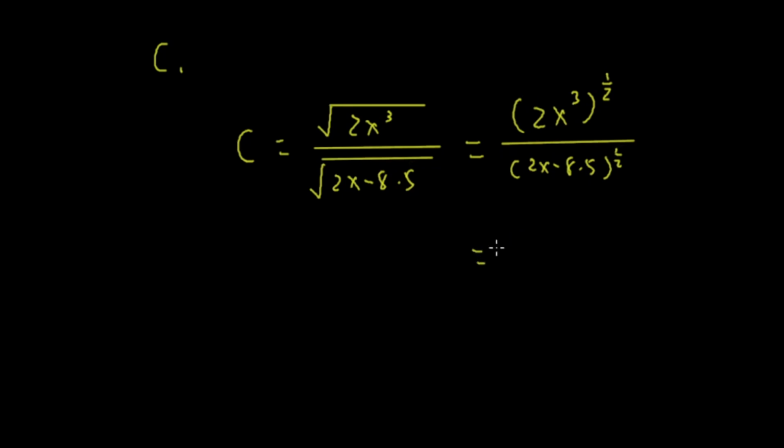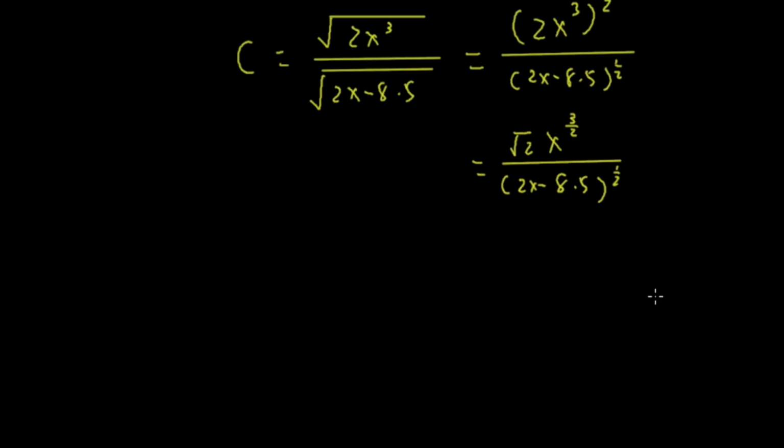And this is equal to square root of 2x to the power of 3 over 2 over 2x minus 8.5 to the power of 1 over 2. Since it's a function divided by another function, to take the derivative, we have to use the quotient rule.